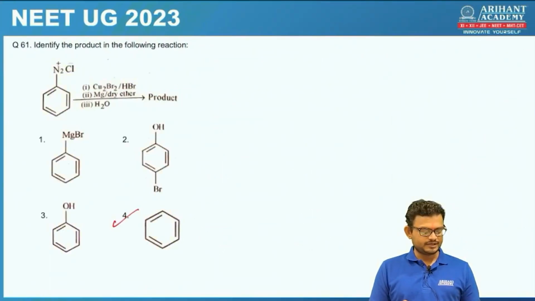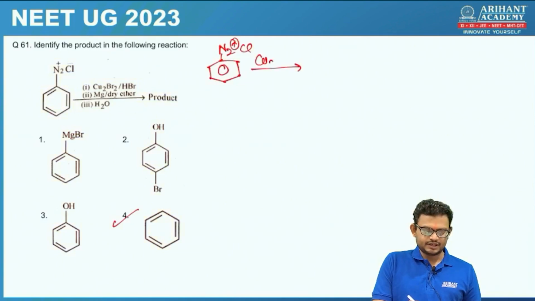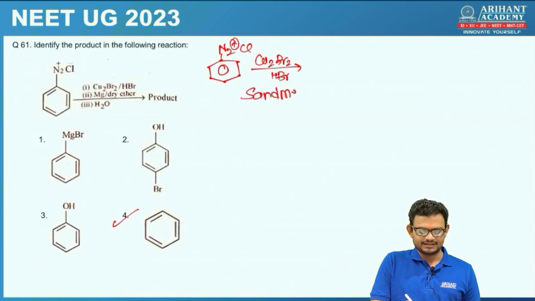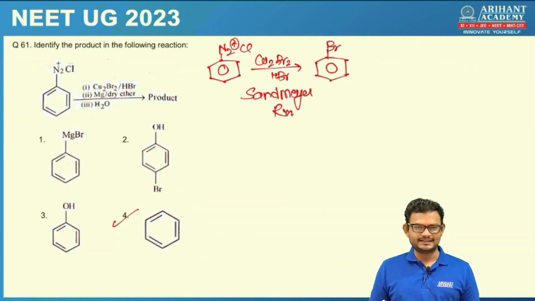Again a very simple question. They have given us benzene diazonium chloride and 3 steps are given. So let us go with the first one. Benzene diazonium chloride is reacting with Cu2Br2. Definitely you might have identified this is nothing but the Sandmeyer reaction, and this Sandmeyer reaction would yield you bromobenzene.